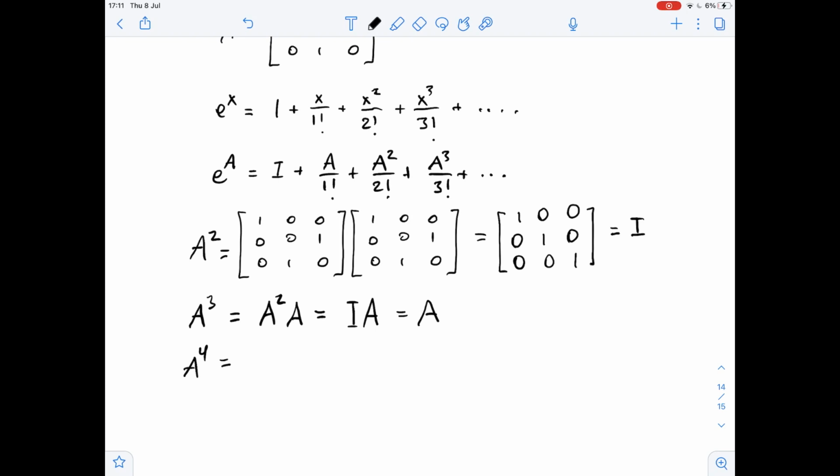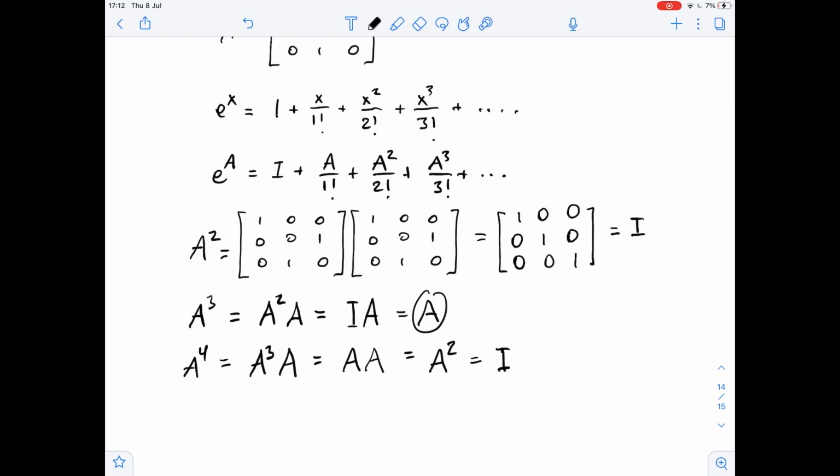A to the fourth power equals A to the third power times A. A to the third power is A, so it's A times A, so it's A squared, and we know that A squared equals the identity matrix, so this equals the identity matrix, and so on.